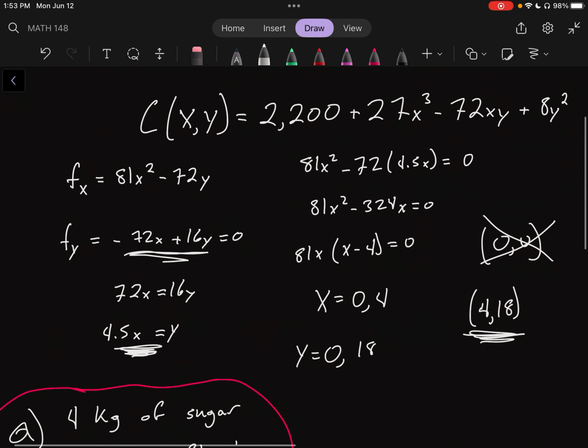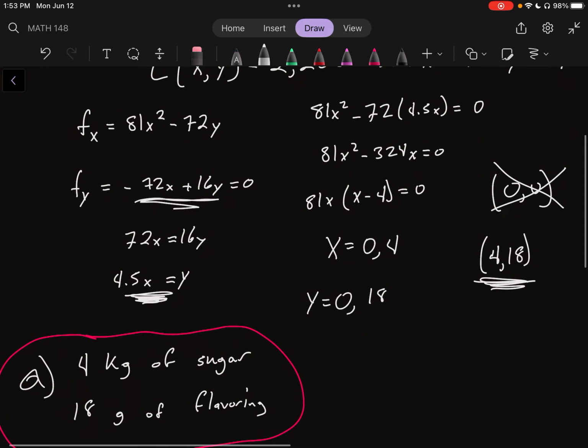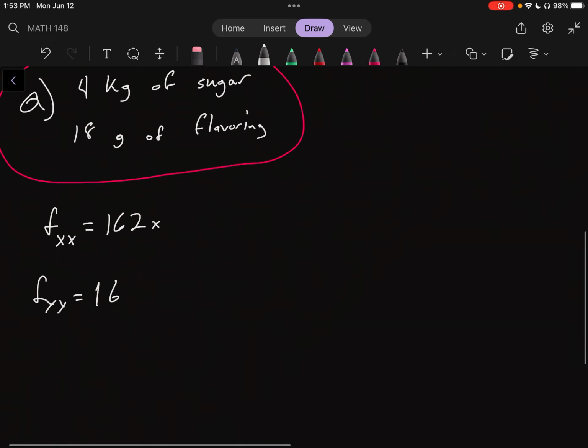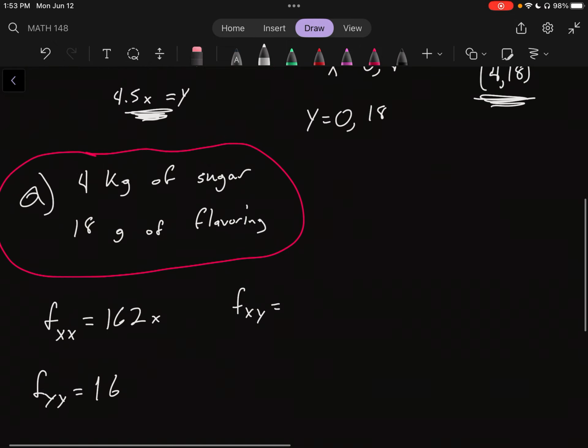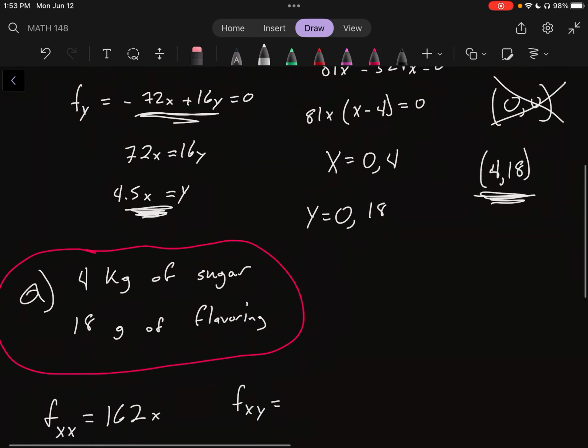Okay. So now that we have that, just double checking. Yep, that makes sense. Oh, and then we need fxy. And then fxy is negative 72.